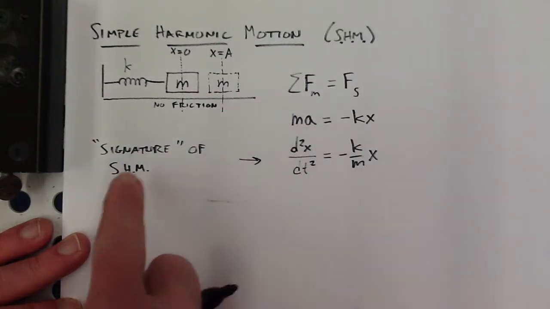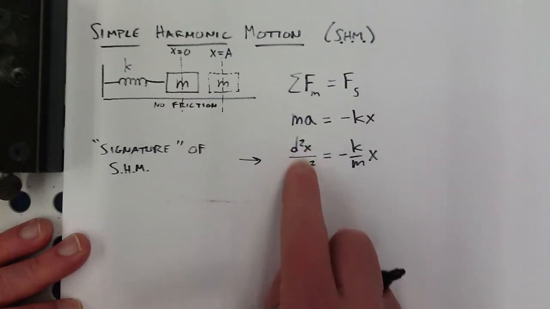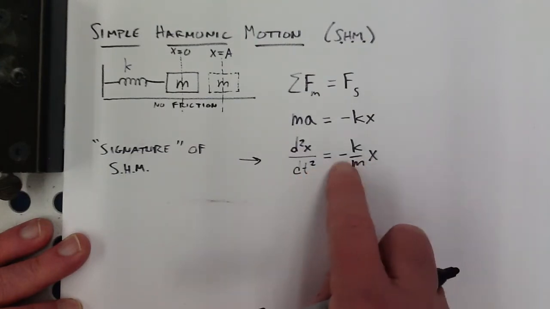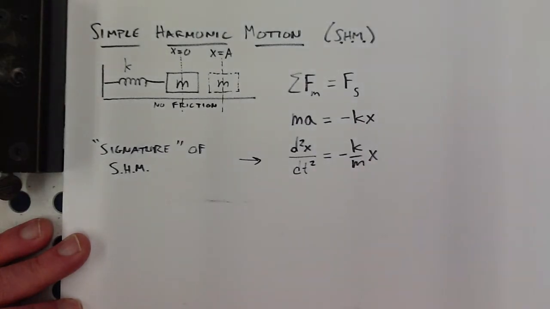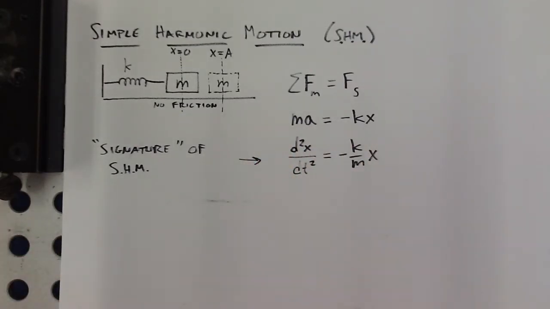And what are we talking about? Like, what's the signature of simple harmonic motion? The signature is that the second derivative of position is directly proportional to the opposite of position. That's the signature. And that can take different forms, we'll see, like when we get to looking at pendulums later in this chapter.